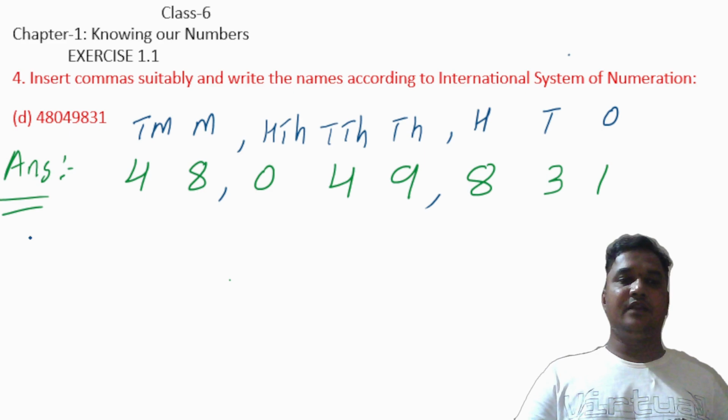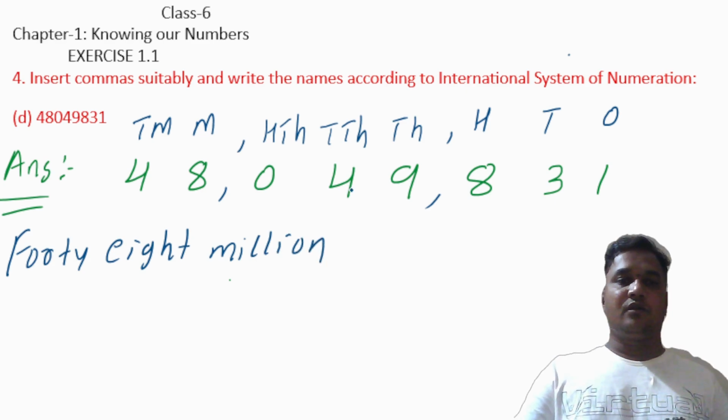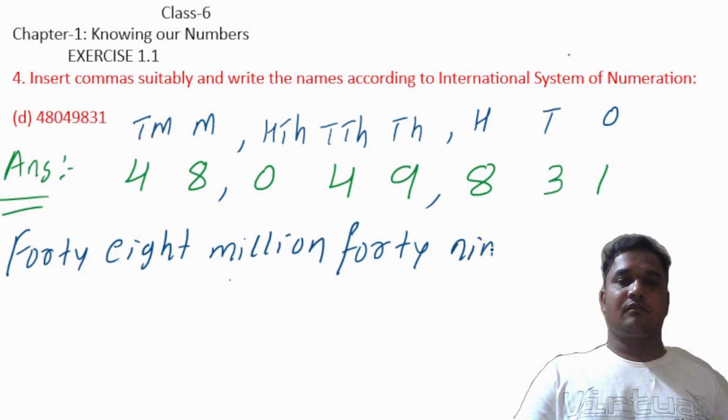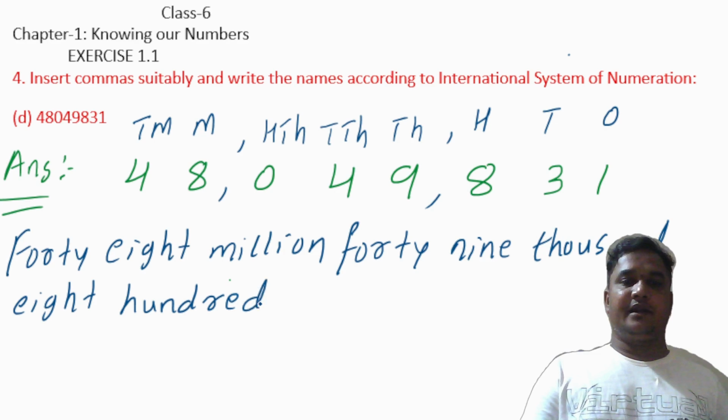So how to write in words according to the international system? 48 million, 49,000, 831.